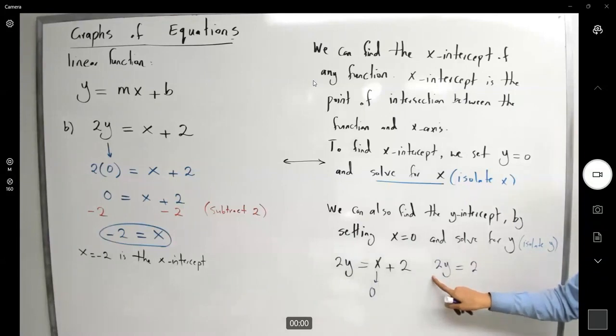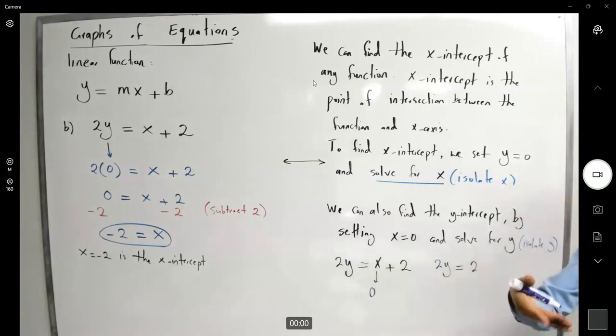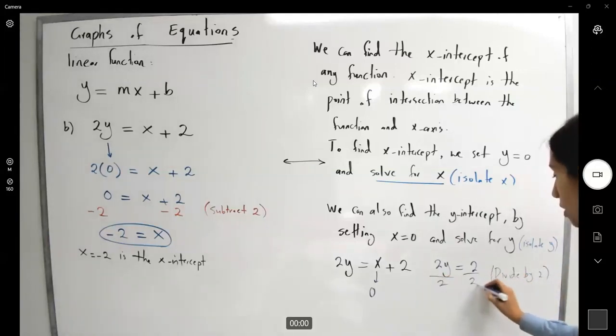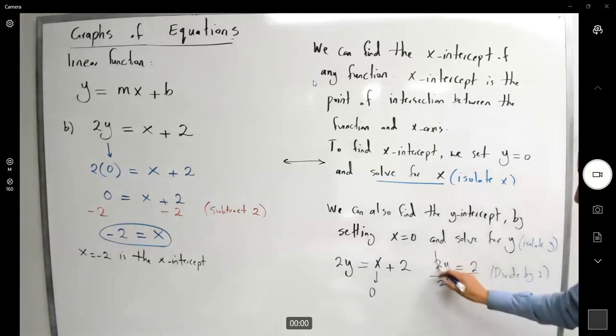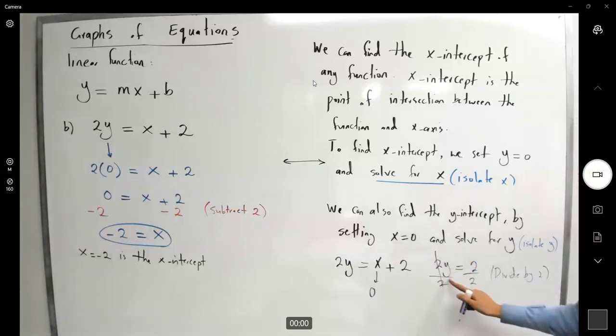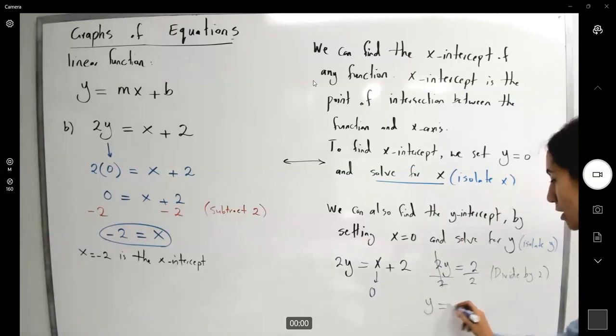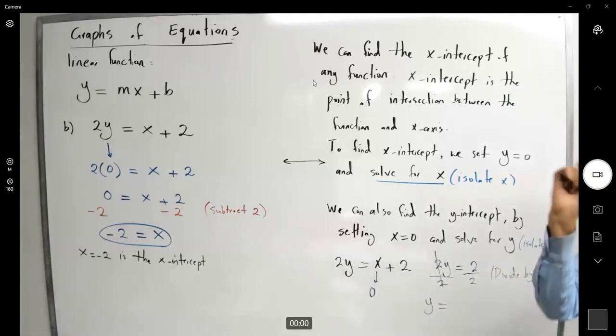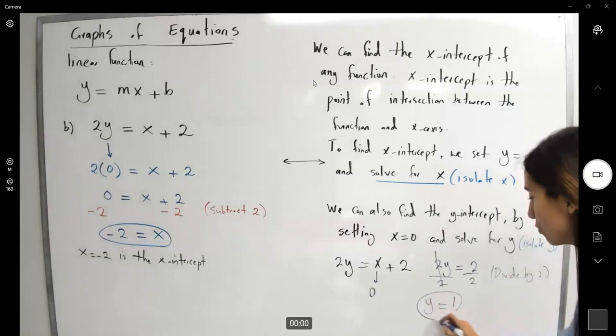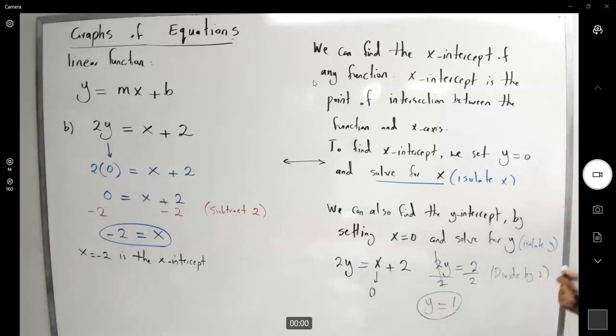Now to get rid of 2, which is multiplied by y, the opposite operation is division. Divide by 2. 2 and 2 cancel out, and I'm left with y on the left-hand side. 2 divided by 2 is 1. So y equals 1 is the y-intercept.